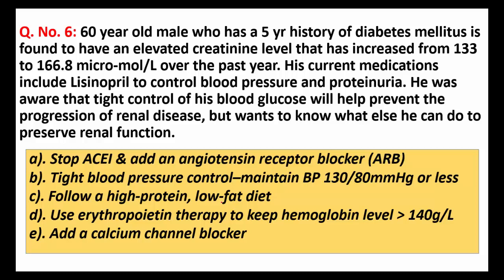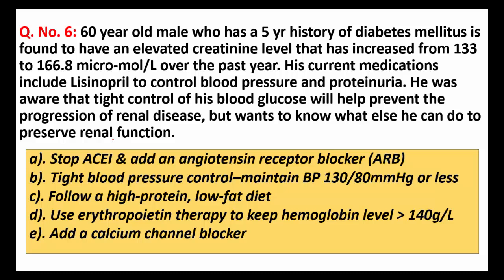But here we don't need this because all the labs are okay, and he just wants to know what he can do to preserve the renal function. So erythropoietin therapy here has no role to preserve the renal function, because it is the function of the kidney.